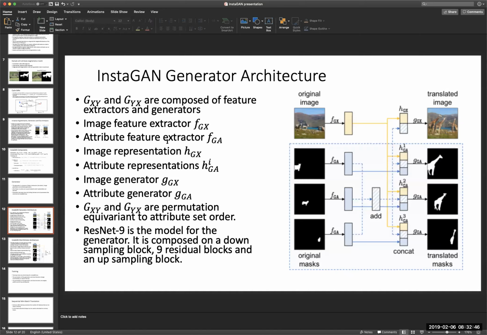So the attribute feature extractor is FGA. So there's 3 uses of that in this diagram, but this is all the same function. FGA is common. And when FGA is applied to this first segmentation mask, it returns this blue block.